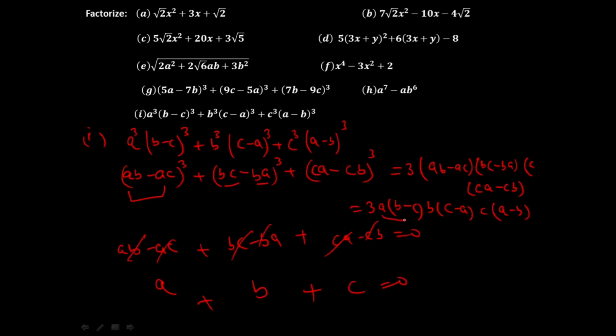So the final answer I am writing here: 3 times abc, b minus c, c minus a, and a minus b times. That's the final answer. That is called factorization, because this whole thing equals 3 times abc, b minus c, c minus a and a minus b.